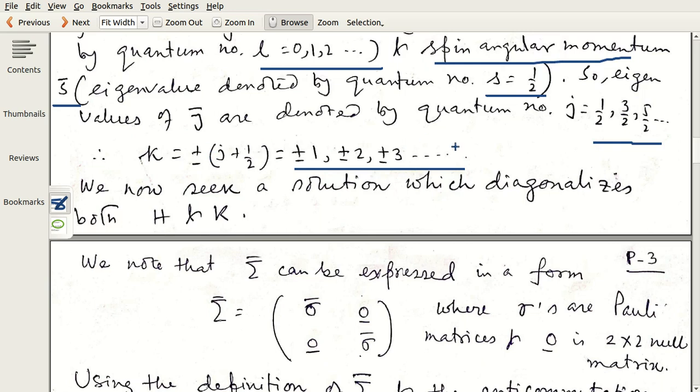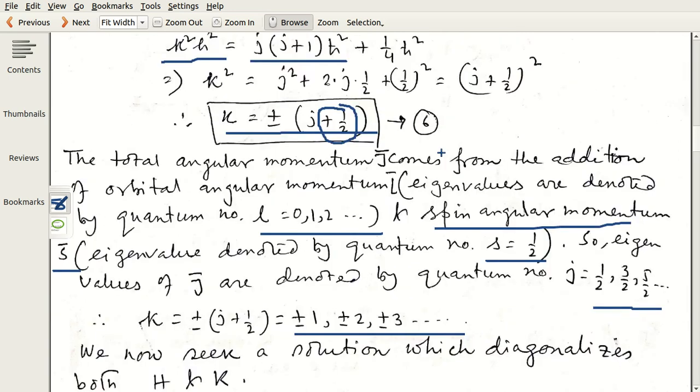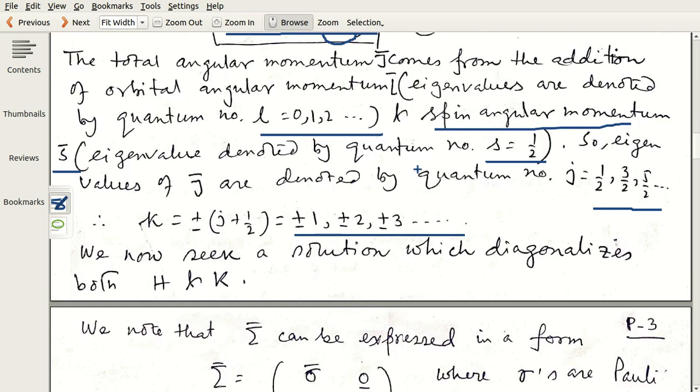These are the eigenvalues of K. As we have discussed that K commutes with the Hamiltonian, we will seek the solution which diagonalizes both the Hamiltonian and the K operator. That means we will take simultaneous eigenfunctions of H and K. What is the benefit in that?